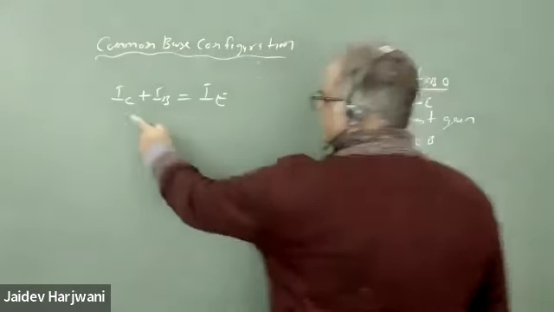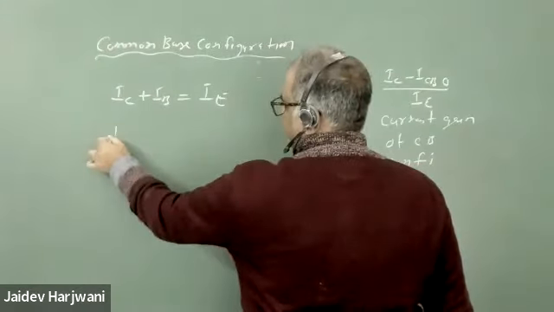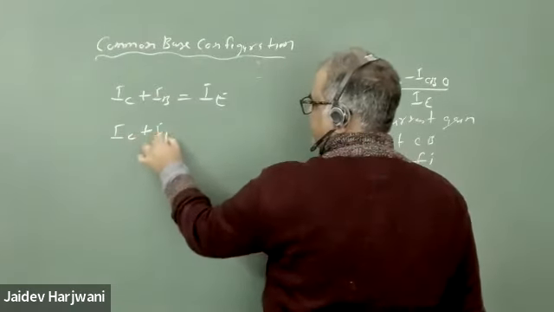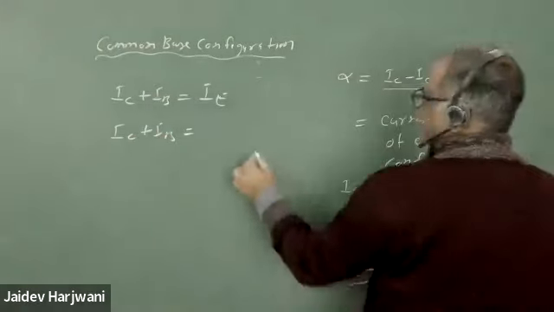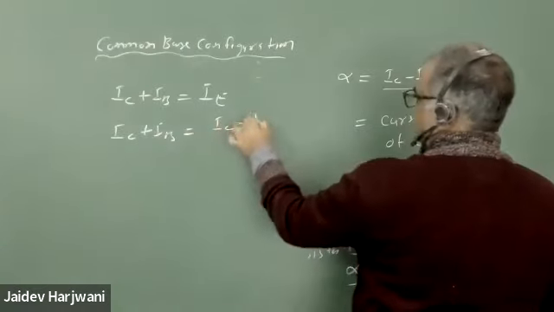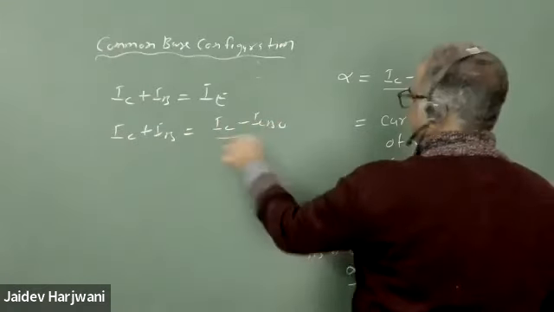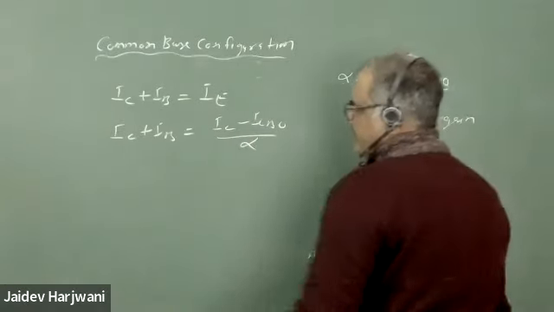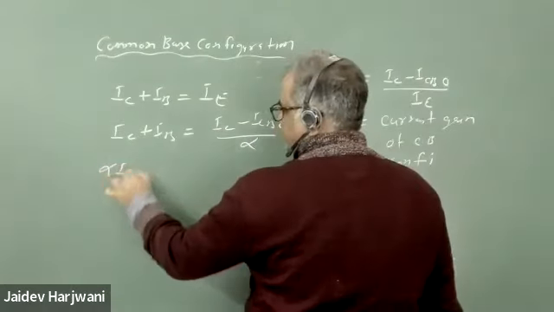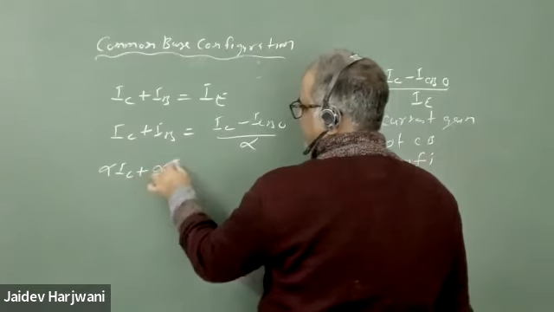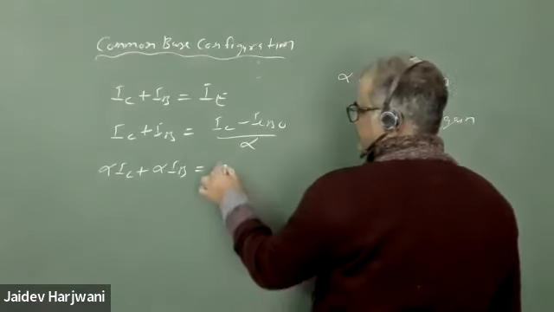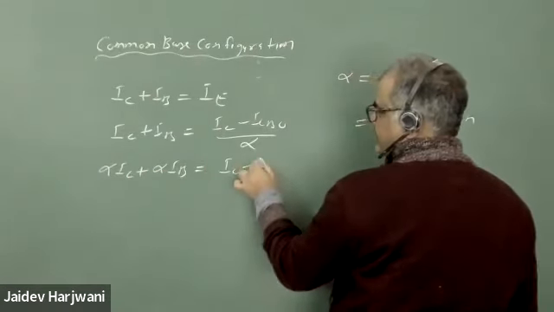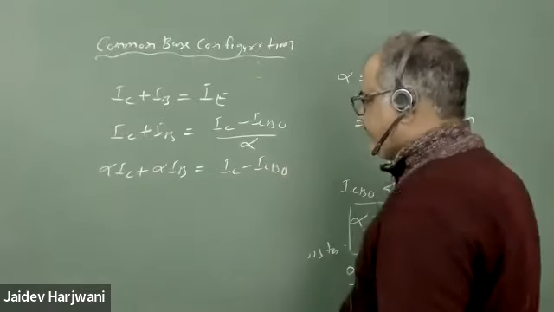I want to find IC in terms of IB, so put the value of IE from this equation. So what will IC plus IB be? I can write it as IC minus ICBO upon alpha. So I have alpha IC plus alpha IB equal to IC minus ICBO.